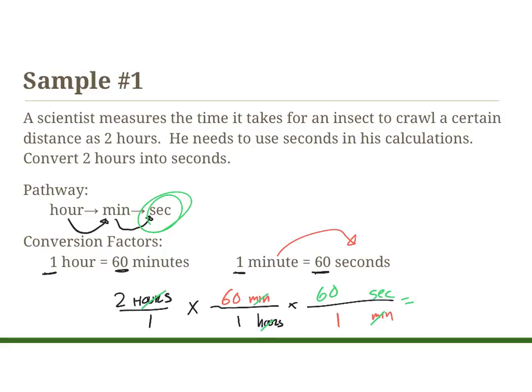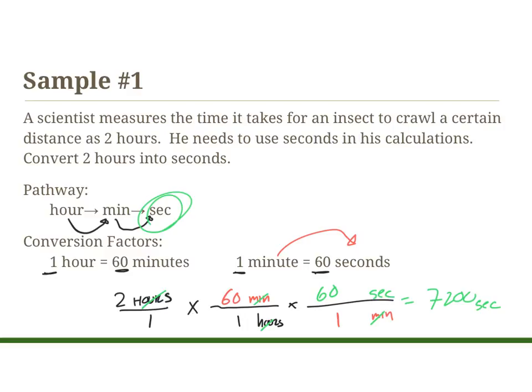I'm going to take 2 times 60, hit enter or equals, and then times 60 again and hit enter or equals, and I'm going to get a value of 7,200 seconds. So it took that little tiny bug 7,200 seconds to travel whatever distance it happened to travel.